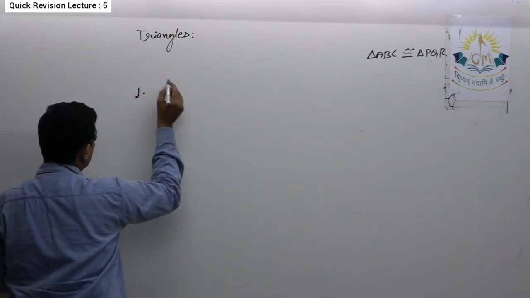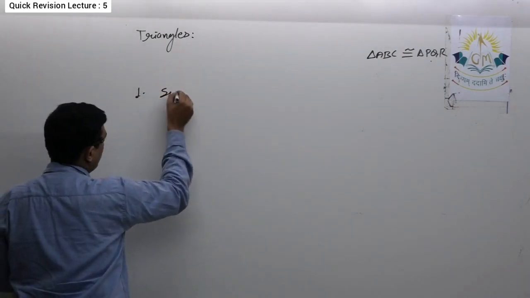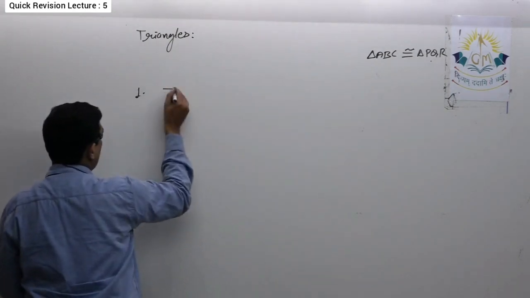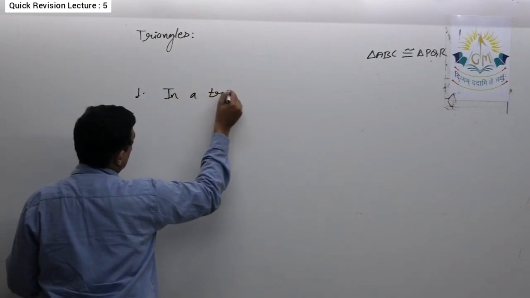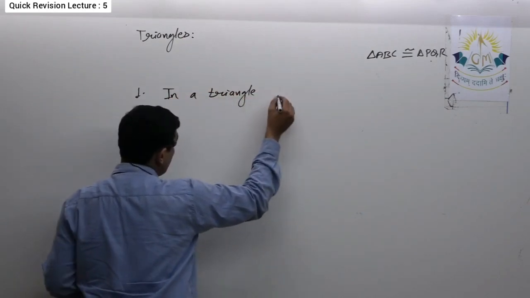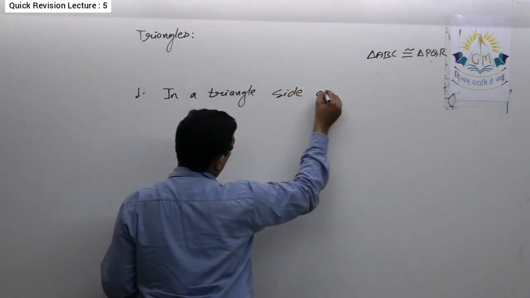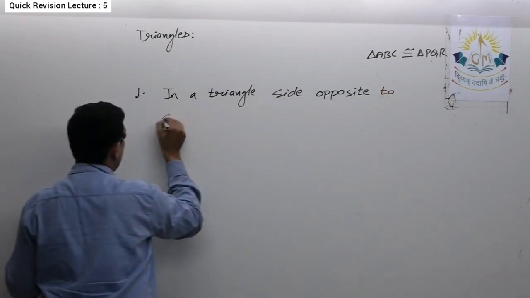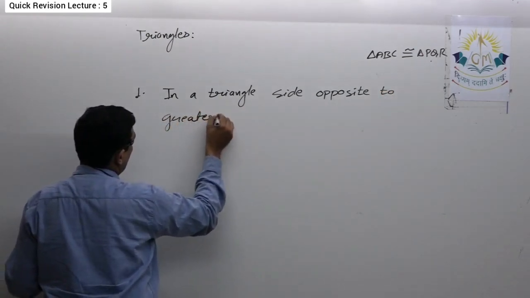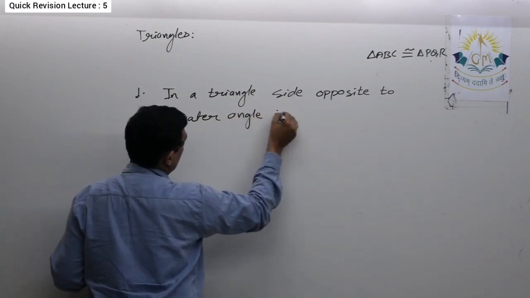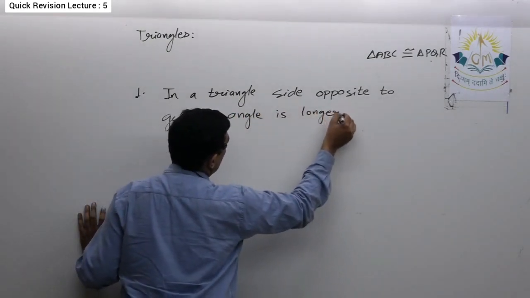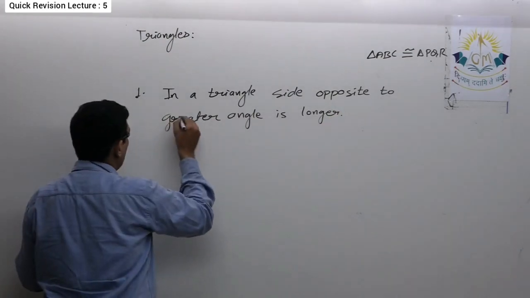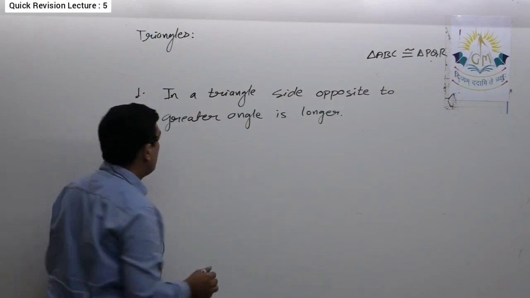The first one is: in a triangle, the side opposite to the greater angle is longer. This is the one theorem.